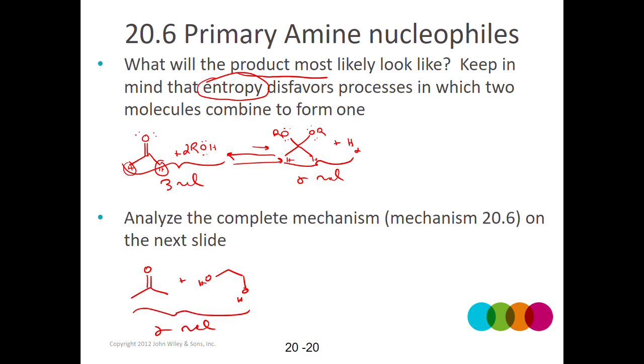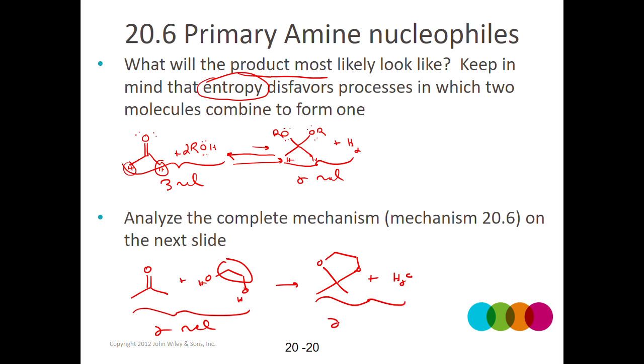One reactant has both OH groups that I needed up here, and that would produce a cyclic diol. And if there's 2 carbons here, it's a 5-membered ring. If there's 3 carbons here, it's a 6-membered ring. And that produces water.